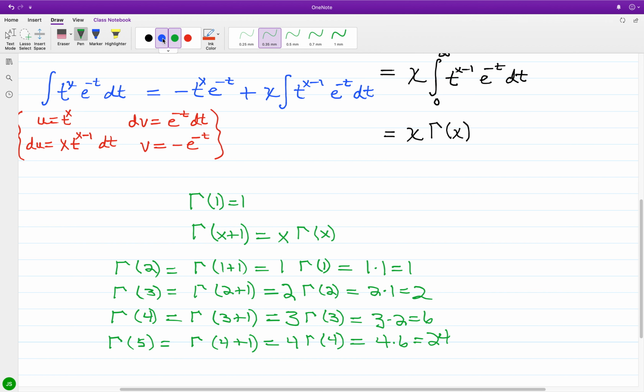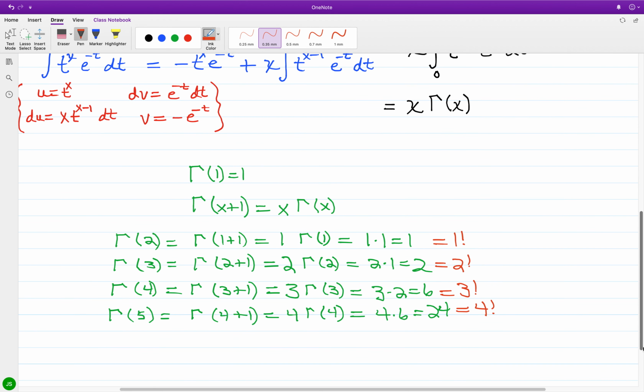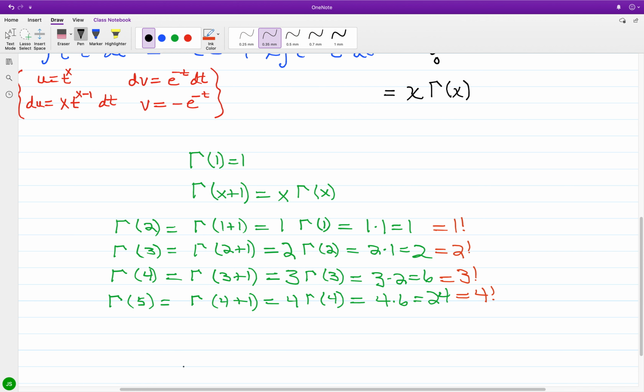And if you notice the patterns, 1 is going to be 1 factorial, 2 is going to be 2 factorial, 6 is going to be 3 factorial, and 24 will be 4 factorial. So we can now say that gamma of x plus 1 is equal to x times gamma of x, and this will be projected on out to x factorial.